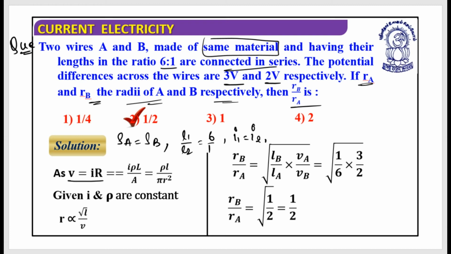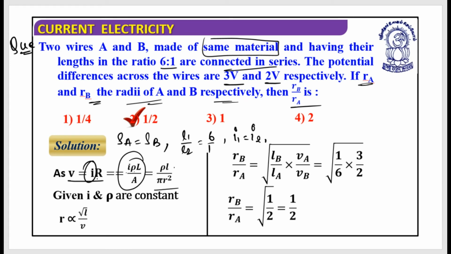What I understand is V is equal to I into R, and as they are connected in series, I would be cancelled out. So R is equal to rho into L by A. This is equal to I into rho into L by A, and if I put in the value, it's rho L divided by pi R square.